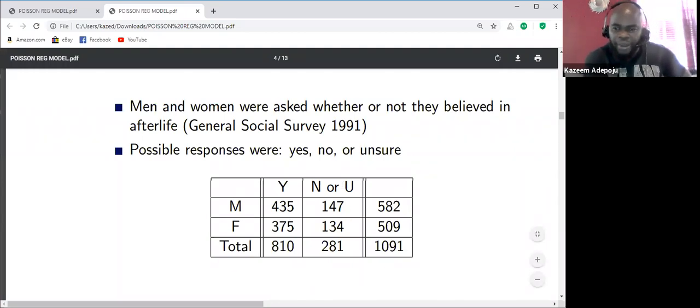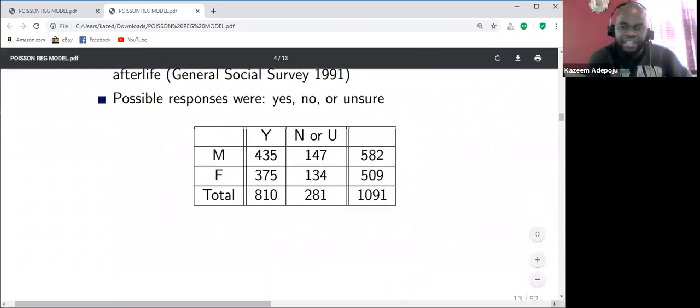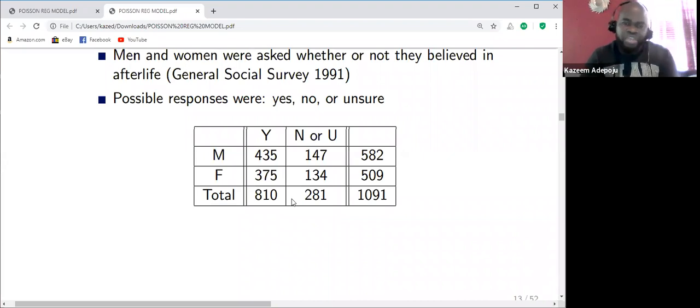Now the next thing, based on what I have right here, we can actually investigate whether the rate of yes in men and women are the same.